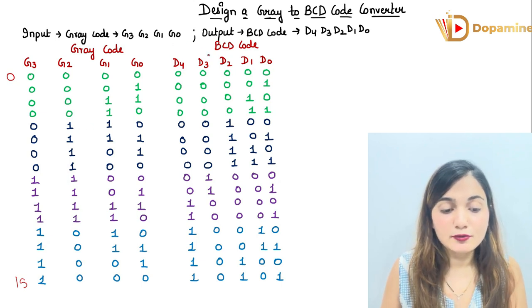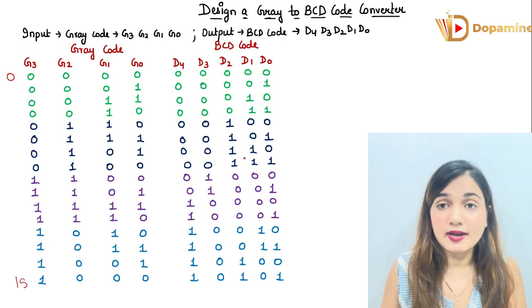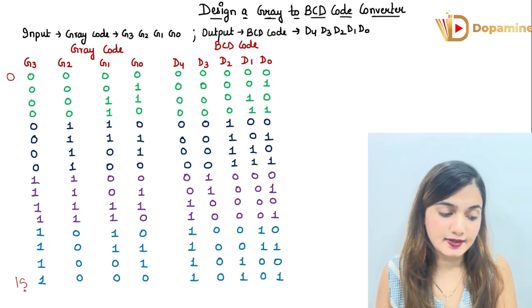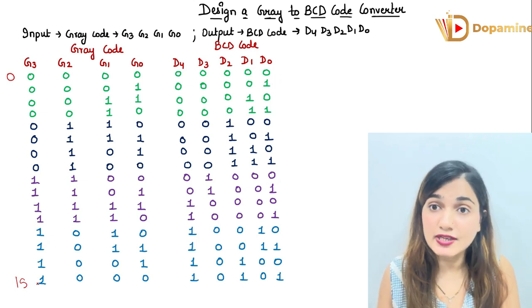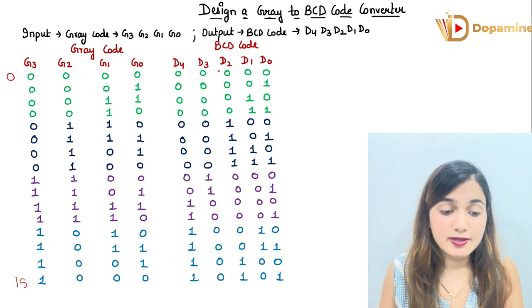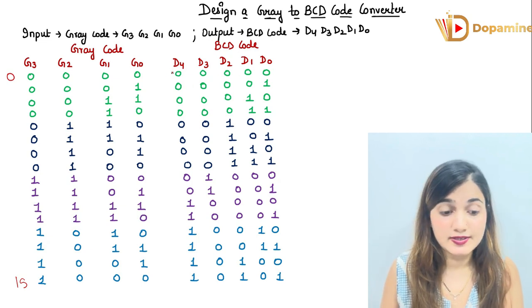But if you come to the BCD code, BCD codes are represented from the decimal number 0 up to 9 only. After that we require the 5th BCD bit. So we require the 5th bit after the 9th decimal number, and here we require to represent up to decimal number 15. So we will be having one more BCD bit.